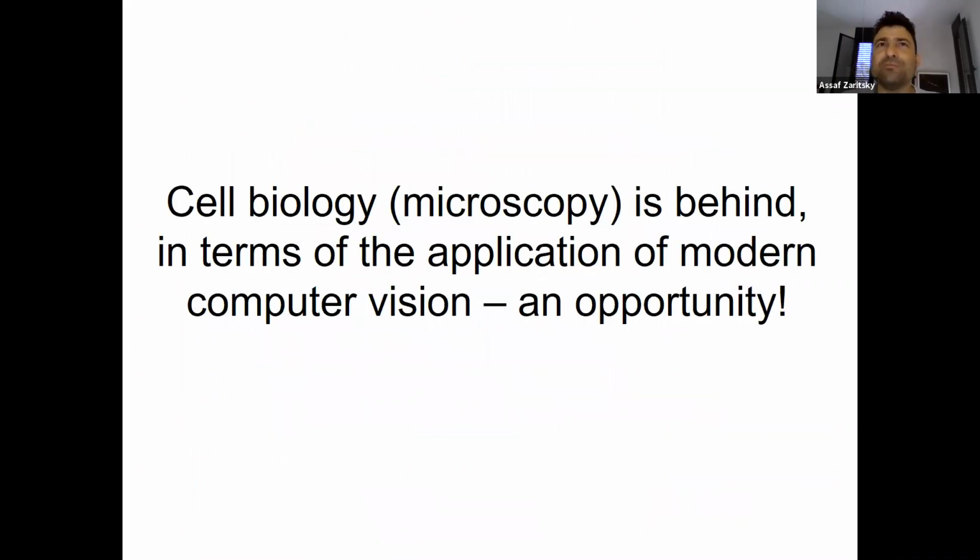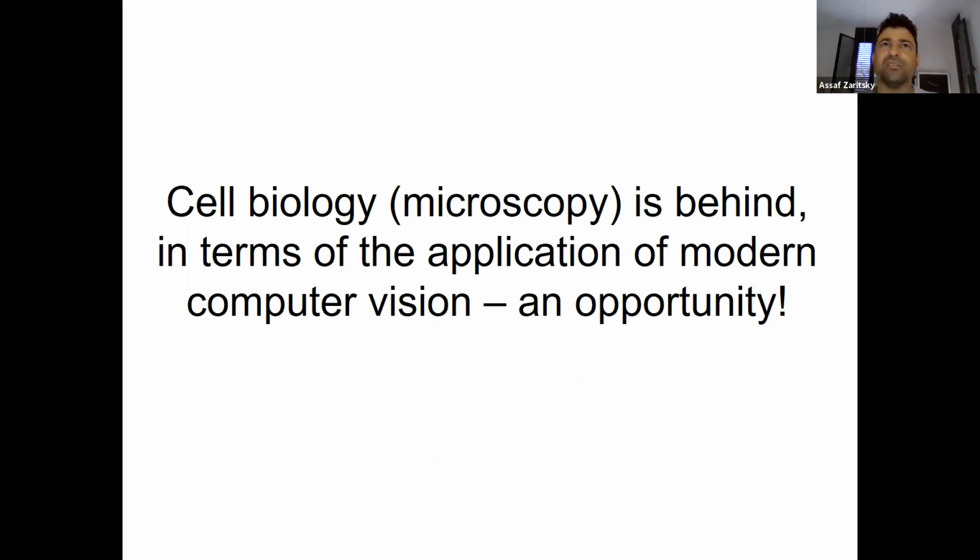Okay, I think an important point here is that the field is lagging. So it's an opportunity for computational people. It's really an opportunity because we can have a huge impact. When you select a research problem or a research field, whoever in the class is thinking about, for example, doing a PhD, you don't want to go to a field that is already super mature, where you can contribute only something small.